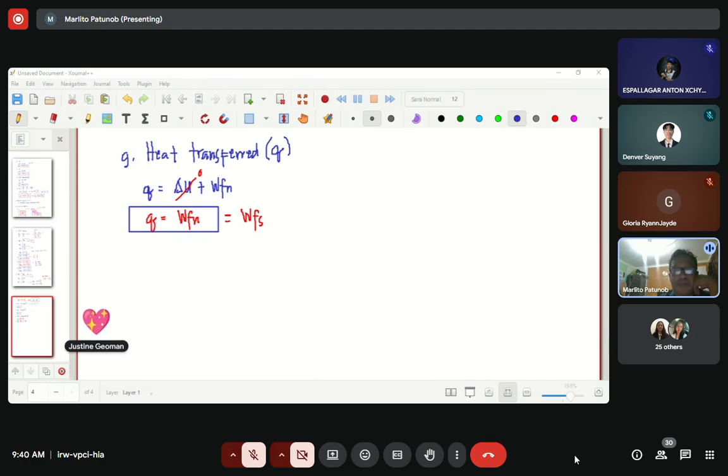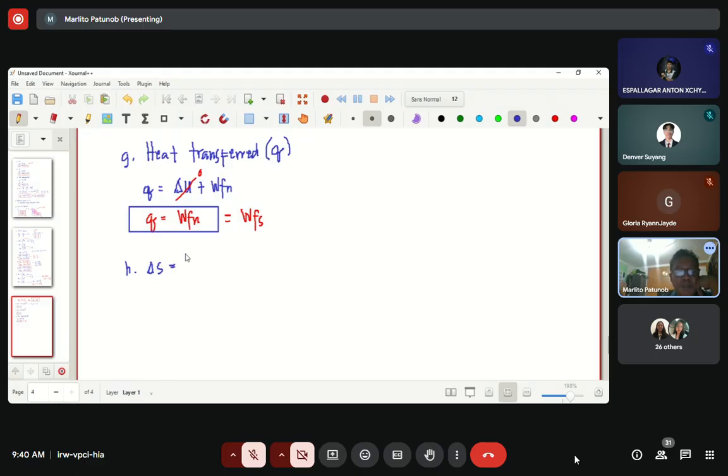So for the last one, let's have the delta S, right? The delta S. Okay.